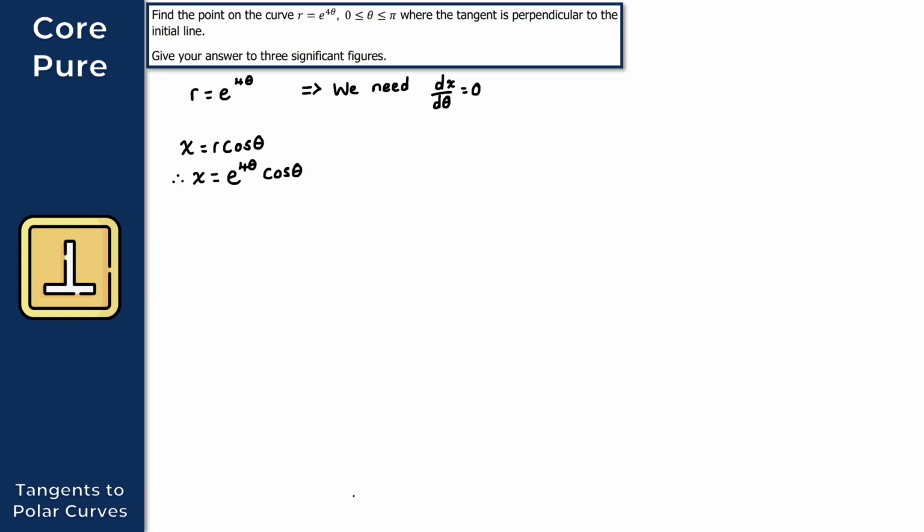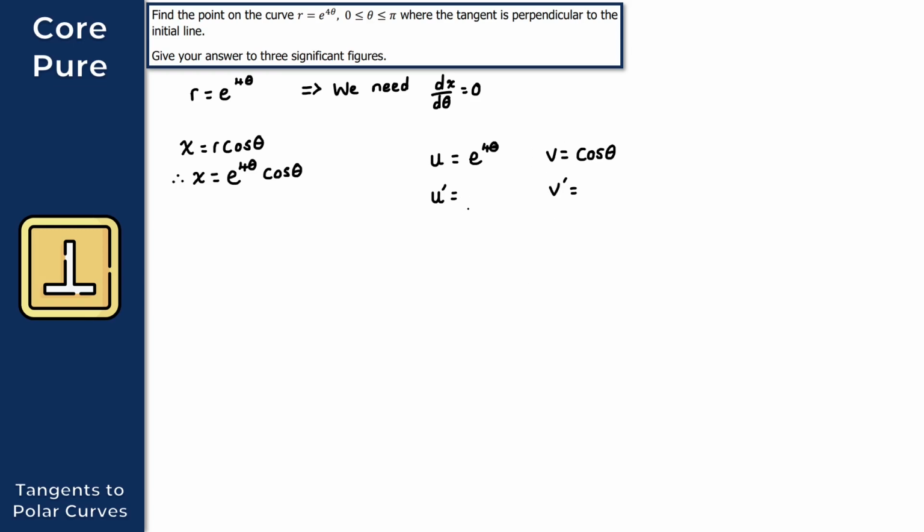Okay, so obviously to find dx by d theta, that's the derivative of x with respect to theta, we clearly need to use the product rule. So in that case, if I let u equal e to the 4 theta, and if I let v equal cos theta, like so, we also need u prime, the derivative of u with respect to theta, and we also need v prime.